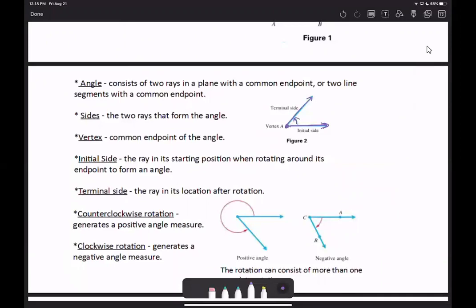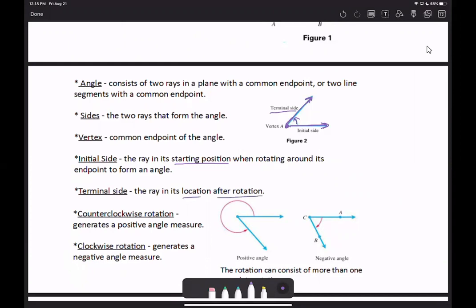The starting side of an angle is known as the initial side. That is where the angle starts rotating, and where it ends is known as its terminal side, which is this side here. It's the location after a rotation.